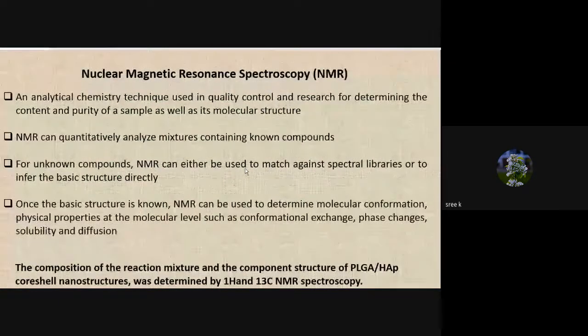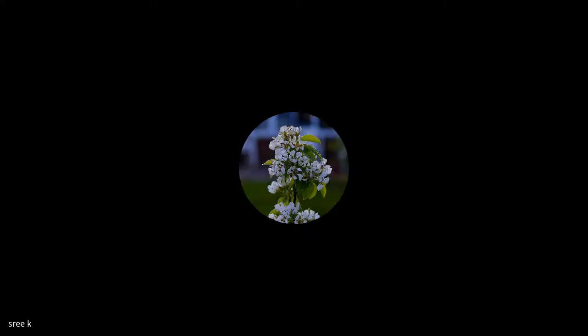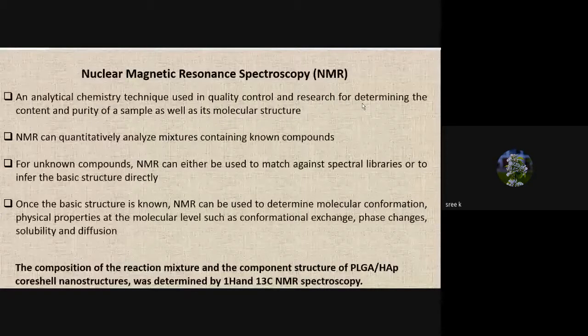Then next is more advanced. Here we use nuclear magnetic resonance spectroscopy, NMR, a nuclear technique used for determining the content and purity of a sample as well as its molecular structure.